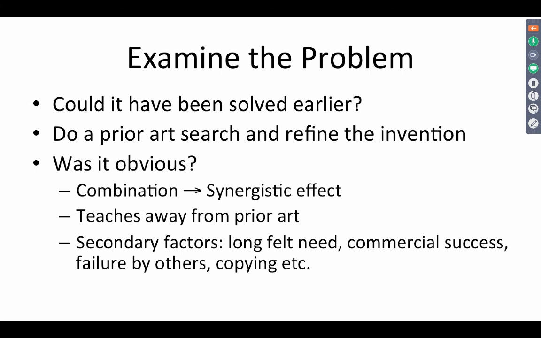Now I had mentioned secondary factors. If your invention solves a long felt need, or when it came out it was a commercial success and the market accepted it, or there was repeated failure by others and you solved what others could not, or your invention was copied by your competitors soon after it came out, all could be regarded as secondary factors in determining obviousness.